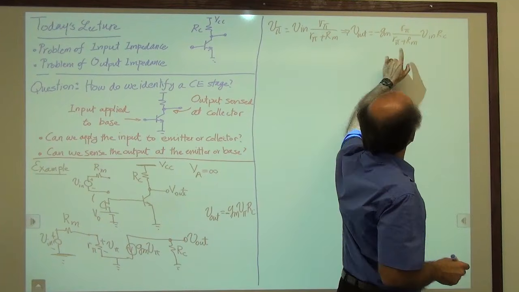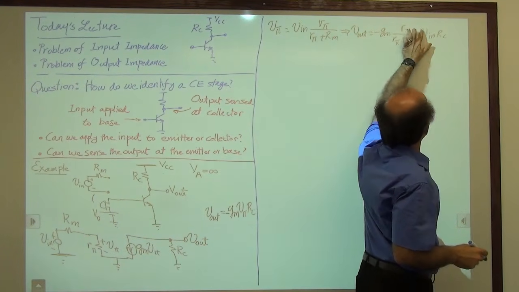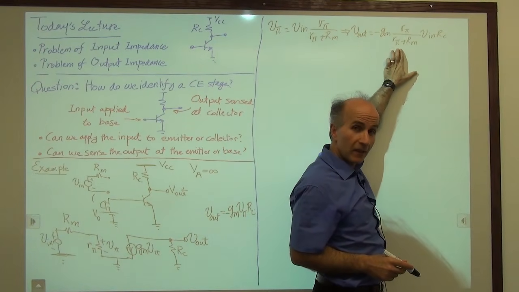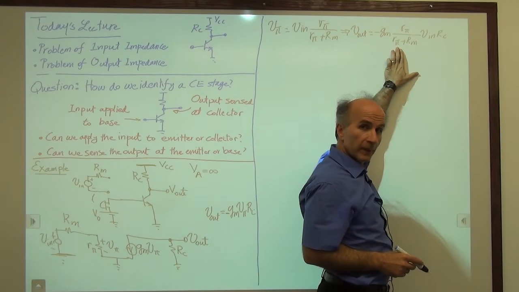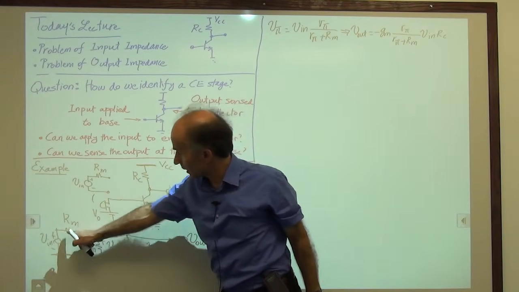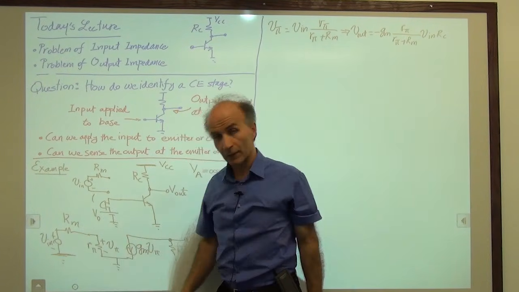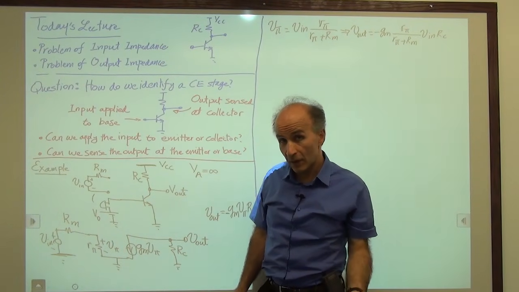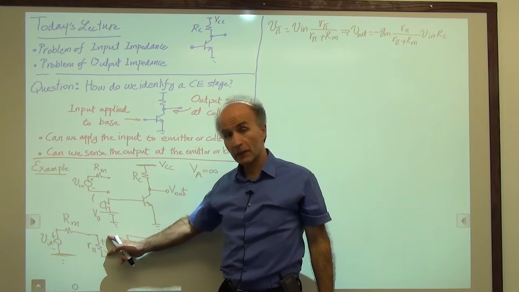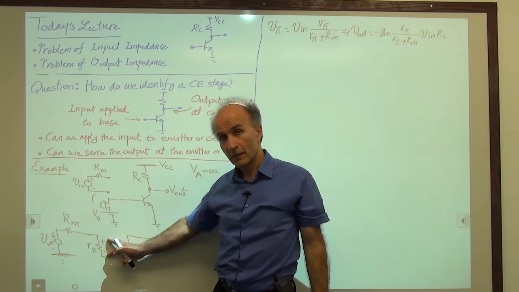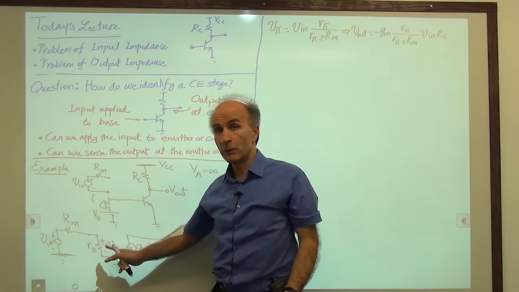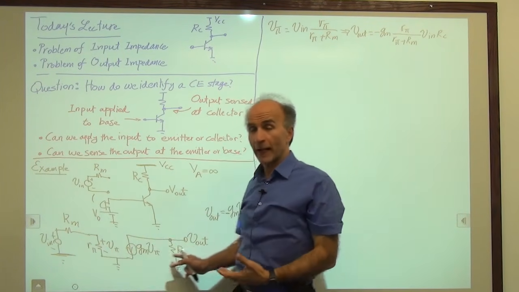But now this minus Gm Rc is multiplied by a number less than 1. So the gain is reduced. The gain is reduced as a result of this division between this resistor and this resistor. If Rm were 0, the entire V in would appear across R pi. But because Rm is not 0, we attenuate V in before it gets to R pi, and then we amplify.